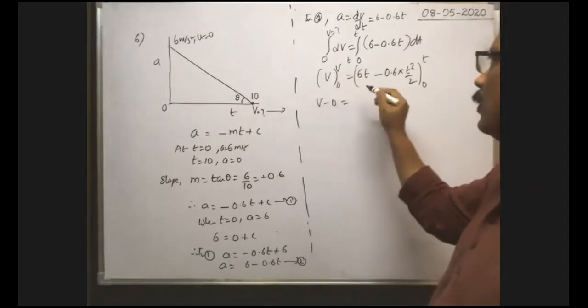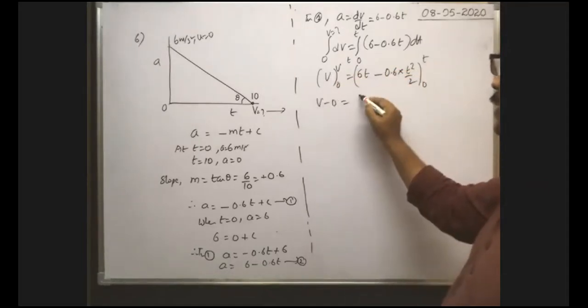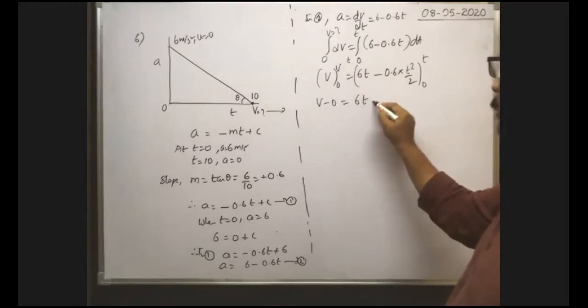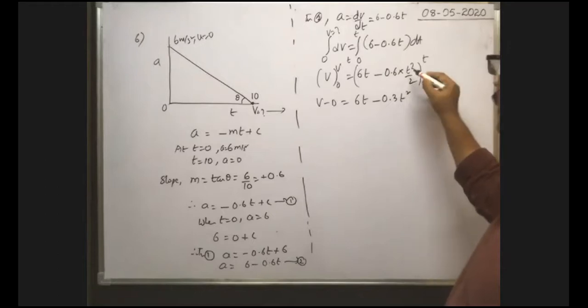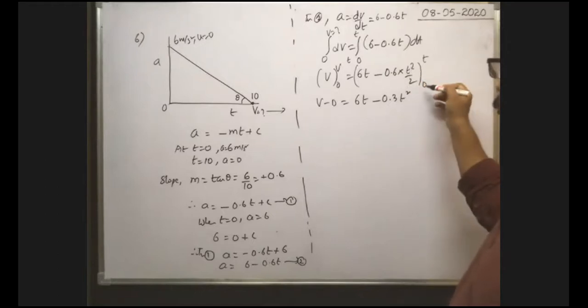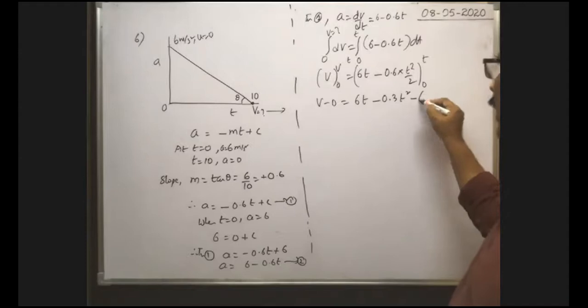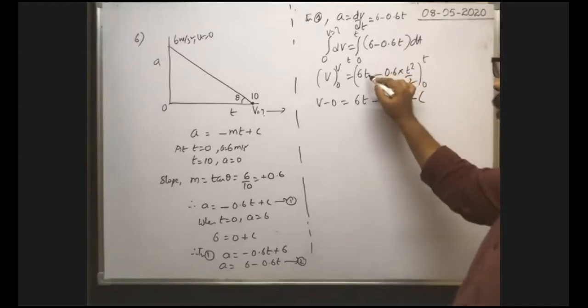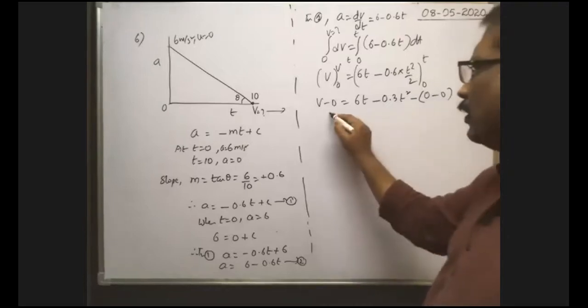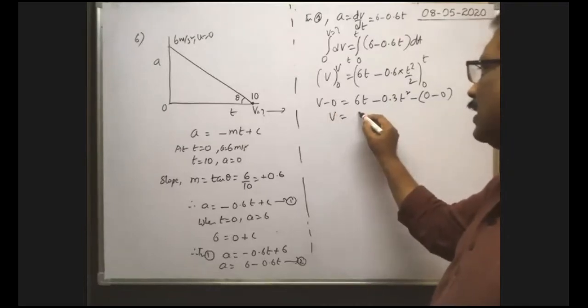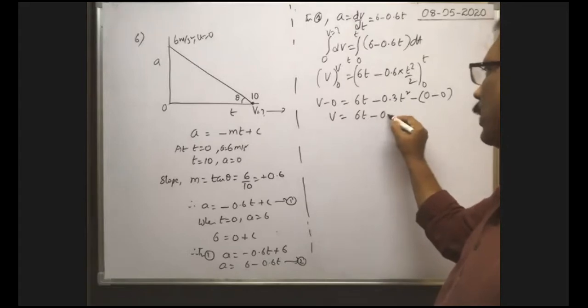Upper limit: 6 into t, minus 0.3 into t square. Before substituting the lower limit you put a minus sign. When you substitute 0, this term becomes 0, this term becomes 0. So 0 minus 0. Therefore, velocity at any instant of time t is equal to 6t minus 0.3t square.